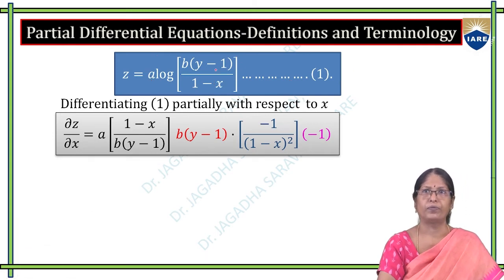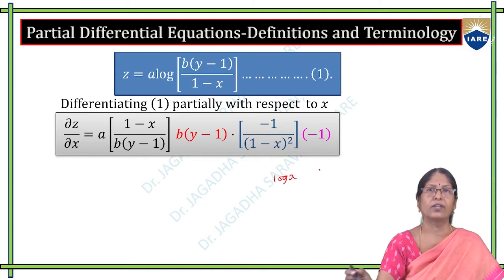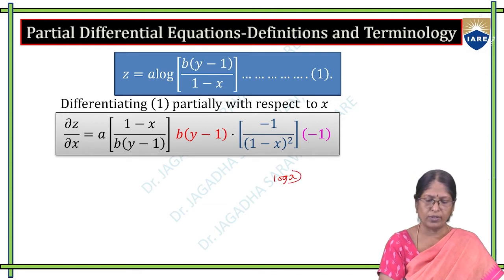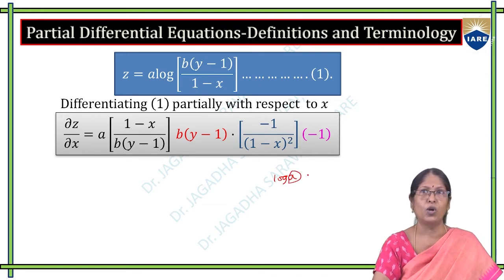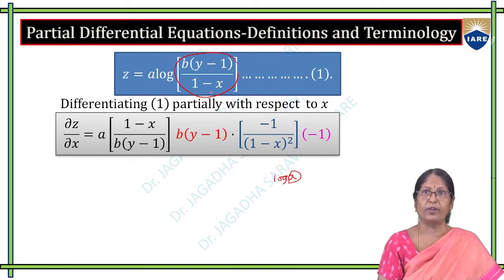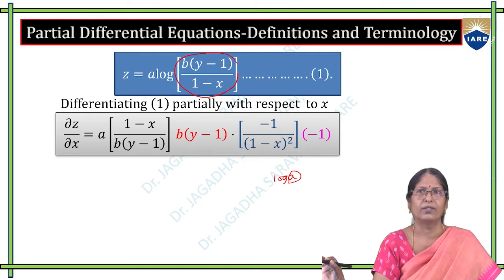Log of. So we know, suppose log x is there, we will write 1 by x. So here, this 1 divided by, it should be written log of some term, that's it.